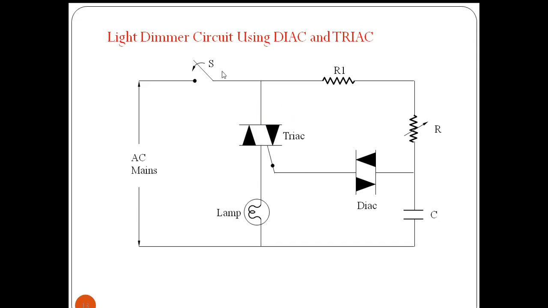Whenever the triac conducts, the supply flows through the triac and lamp, and the lamp will illuminate. The triac conduction is according to the firing signal generated by this circuit.